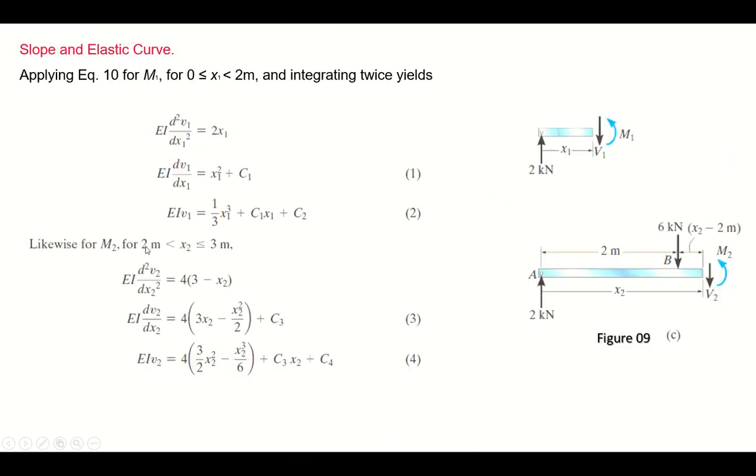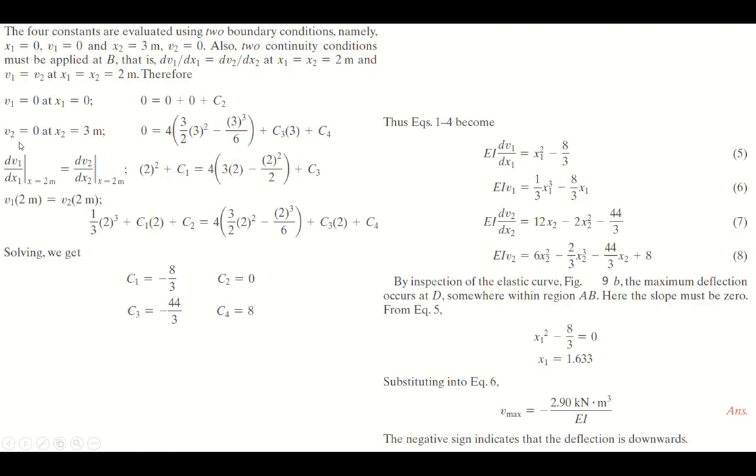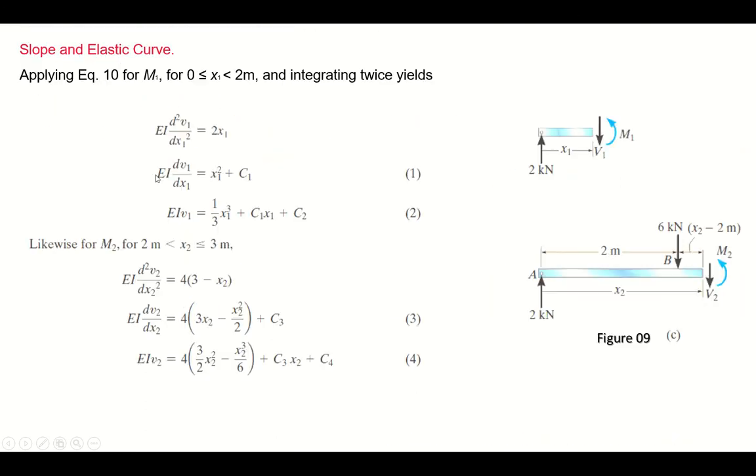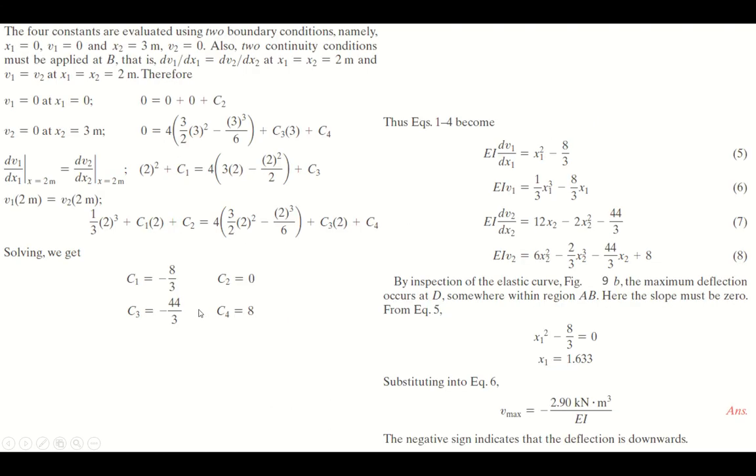So you can use equation 1, which is about the slope d mu1 divided by dx1, and equation 3, which is about the slope d mu2 divided by dx2. It says that at x equal to 2 both are the same. So you put the value of x, which is 2, in both equation 1 and equation 3. So you go on and solve it.